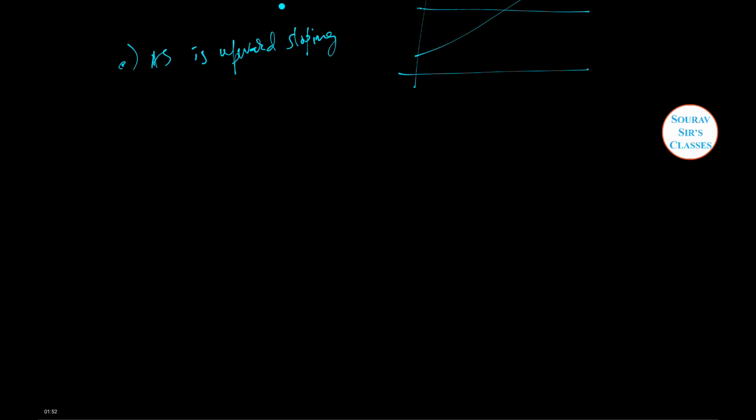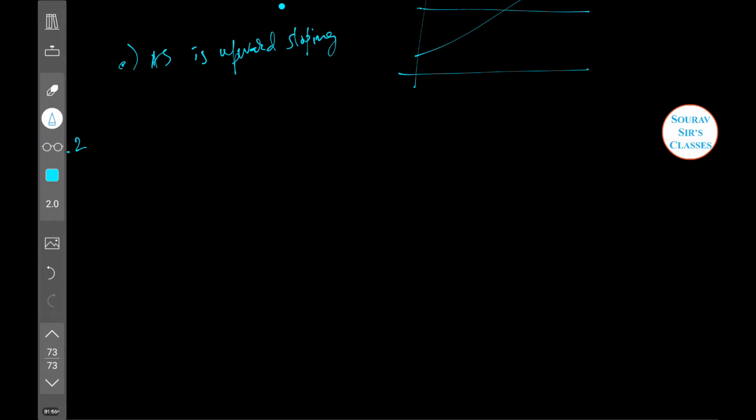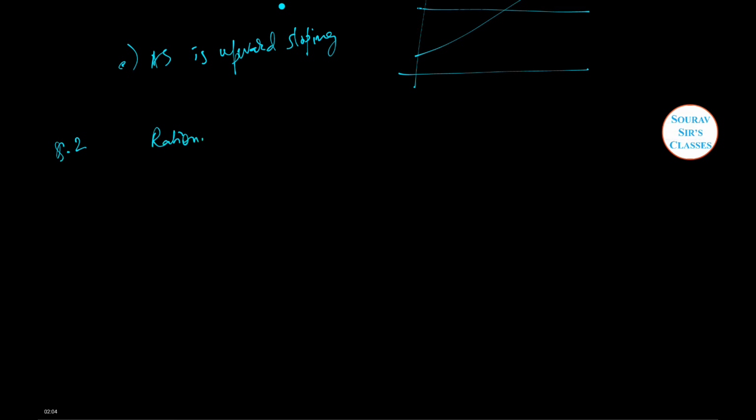Now the next question is question number 2. This question is about rational expectations and no nominal wage rigidity. So rational expectation is there, and with that, no nominal wage rigidity like the last case. So wages are flexible. Aggregate output is sensitive to which two things?